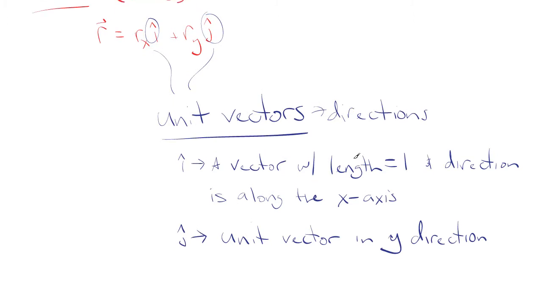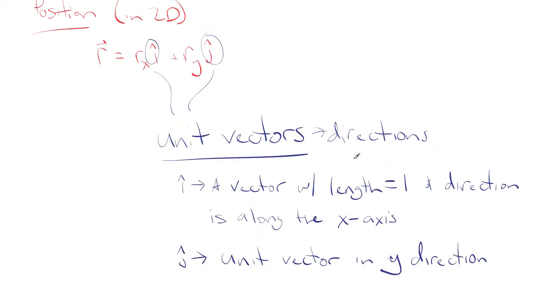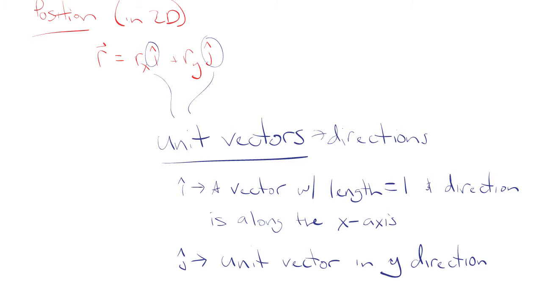All right, so let me do a little bit of an example up here in the corner. I'll draw a position vector to this point right here. I can write that position vector in a couple different ways.